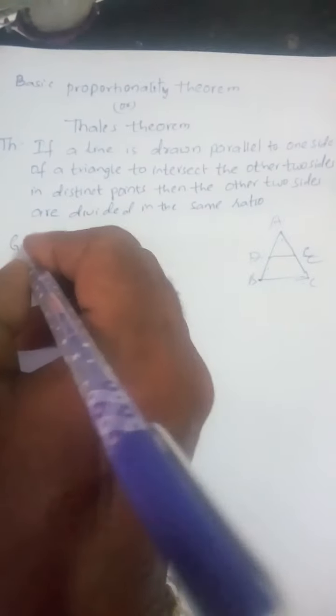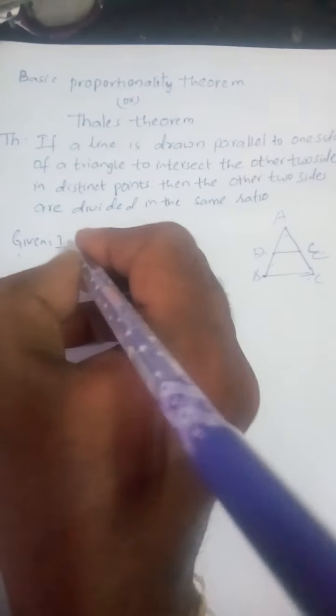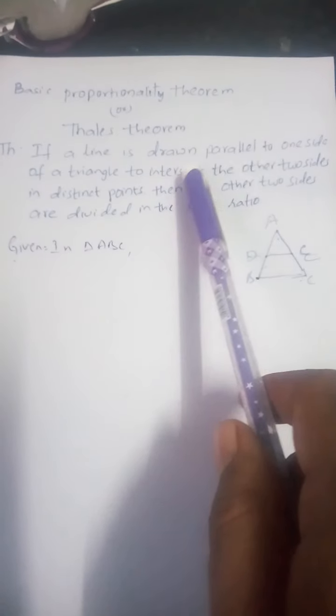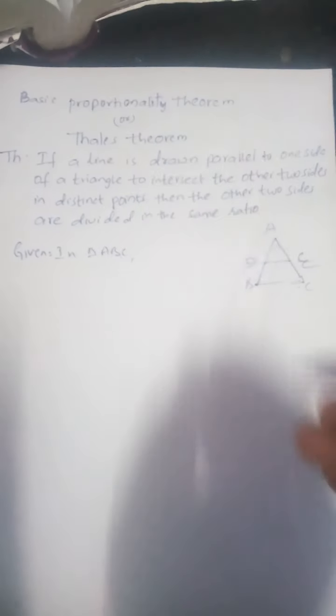Now first, the given, children. In triangle ABC, a line is drawn parallel to one side of the triangle.